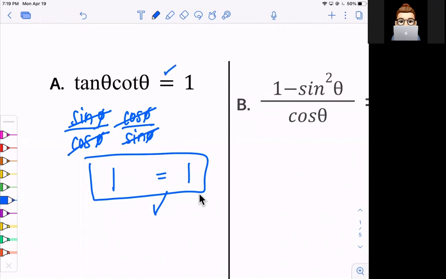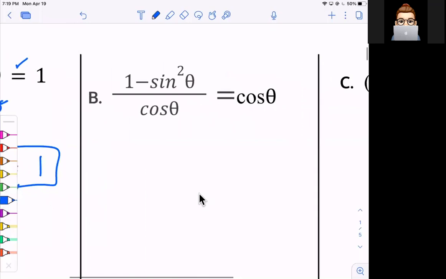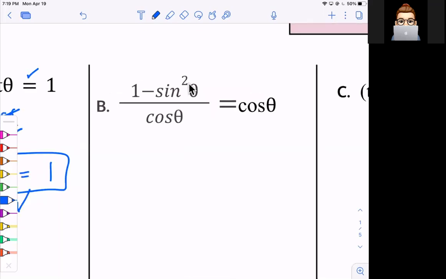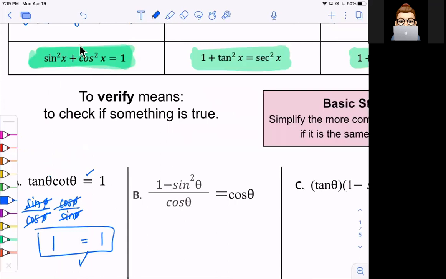All right. Let's try B here. So I see 1 minus sine squared theta. I'm going to look at my Pythagorean identities and see 1 minus sine squared. If I move sine squared over, it's going to cancel here and leave me with cosine squared equals 1 minus sine squared.